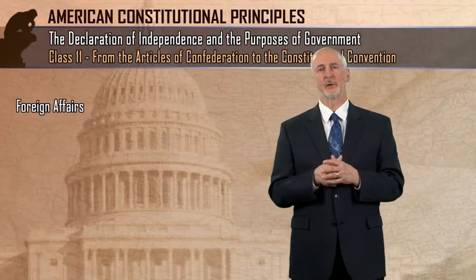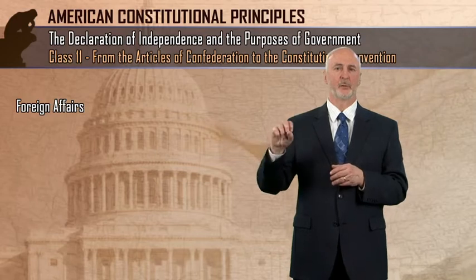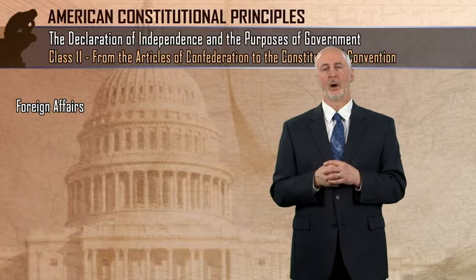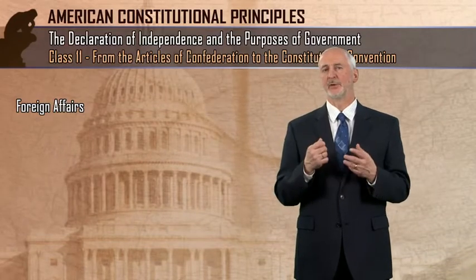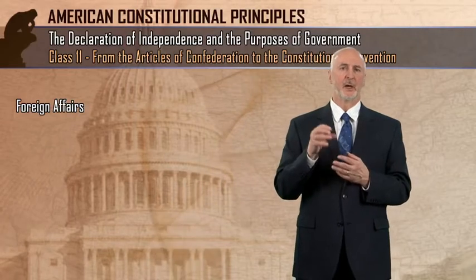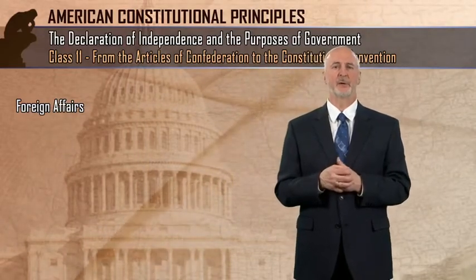The biggest issue was the fact that we had made the Treaty of Paris with England to formally end the Revolutionary War, but there was no effective mechanism by which the Congress could make sure that all the states abided by the terms of that treaty.